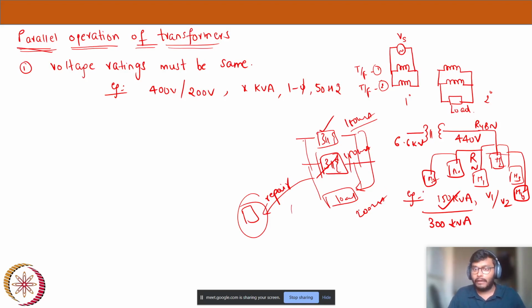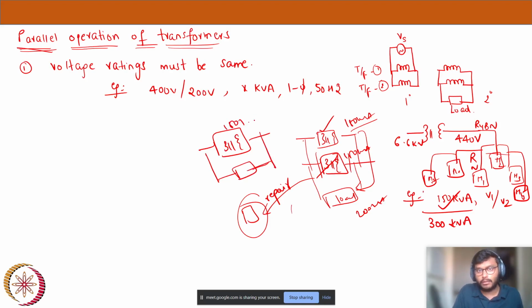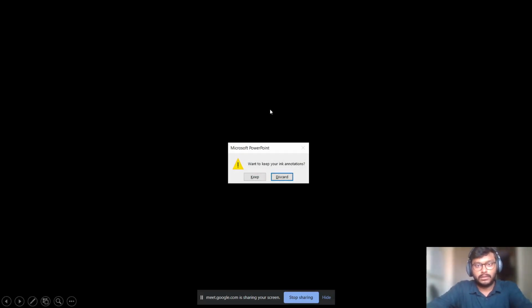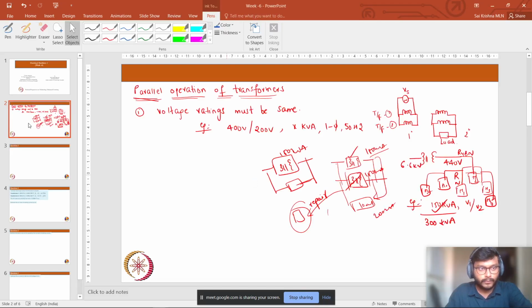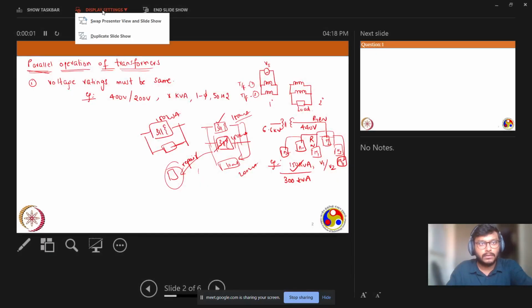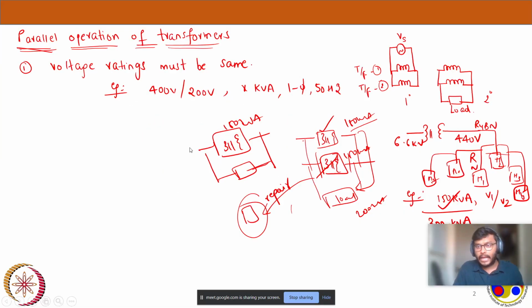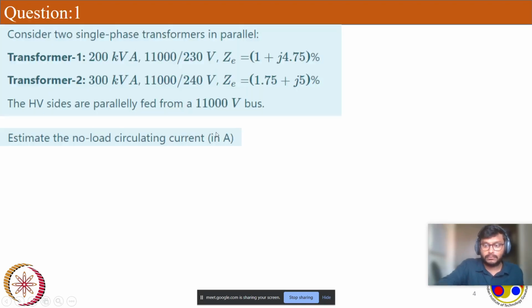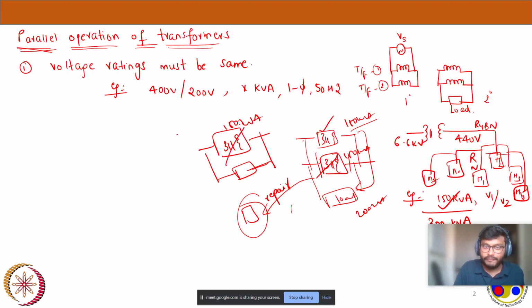Now when there is no parallel operation, let's say I am supplying my entire load with only one transformer. If at all this goes faulty, then my entire power will be gone.